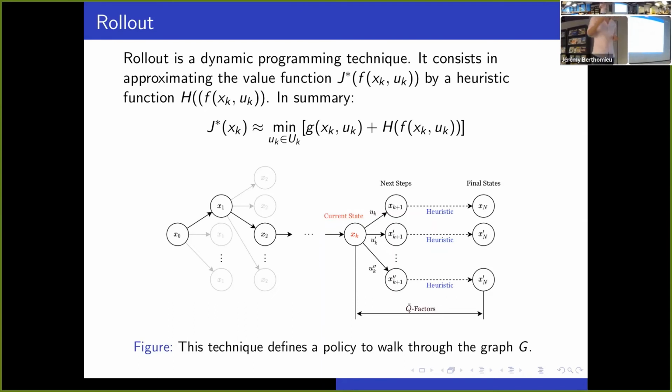This technique defines a policy to walk through this graph. You are here, for example, at the next state, and you calculate the heuristics in all next nodes, you take the minimum of these, and you walk in this way.